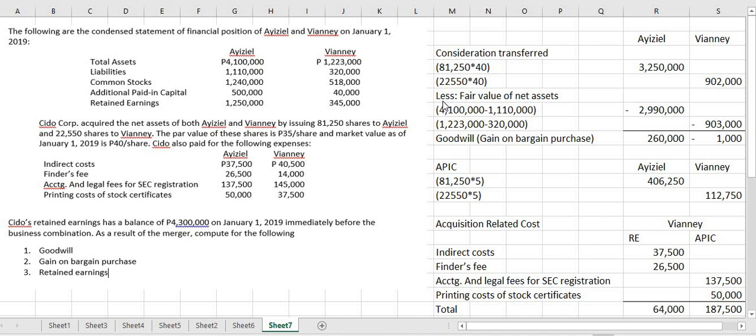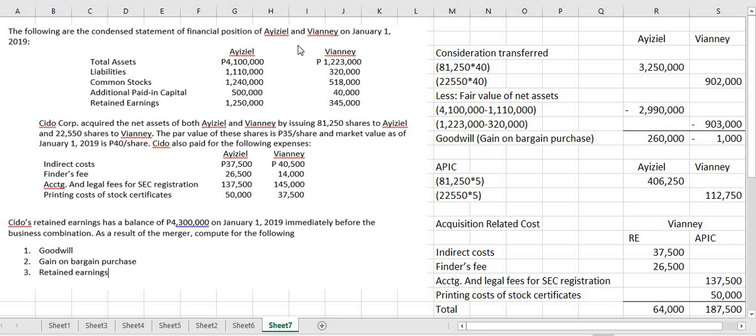So, our last problem is a problem where what if may two or more acquirees? Kasi of course, dapat isang acquirer lang. But in this case, two acquirees.